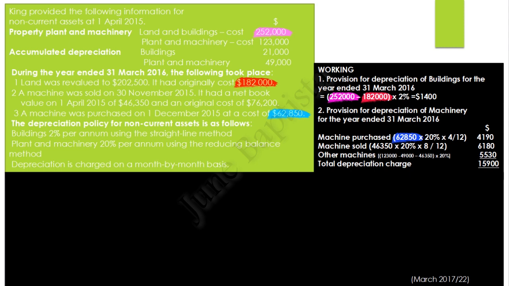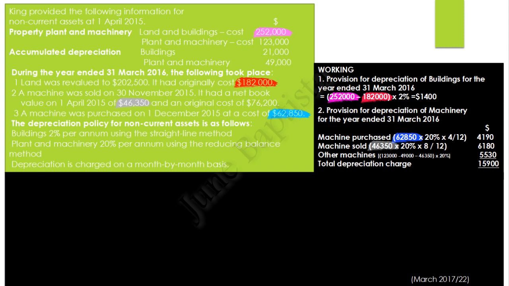Machinery sold on 30th November. This machinery was therefore used for 8 months. Hence, the depreciation for the year ended 31st March 2016 was 20% of $46,350, which is the net book value of the machinery sold. For 8 months, it is equal to $6,180.